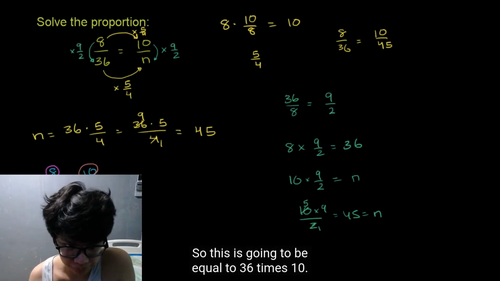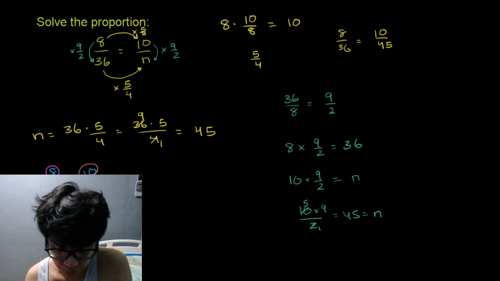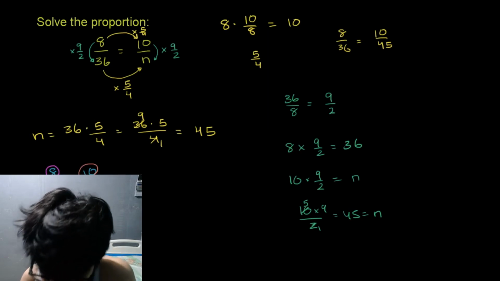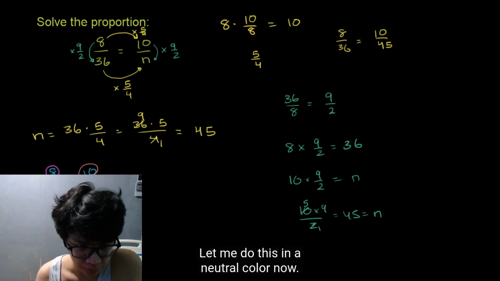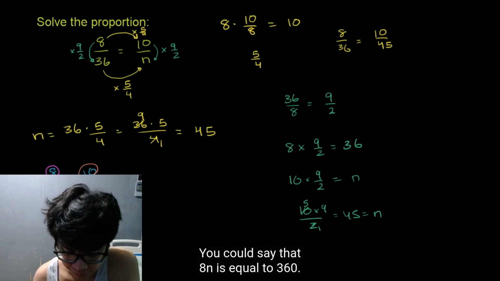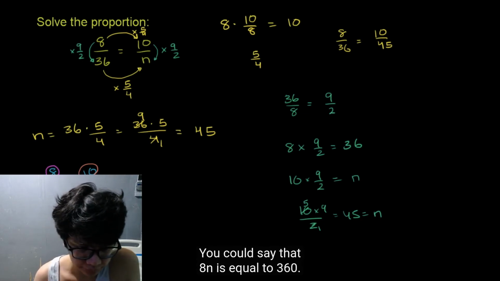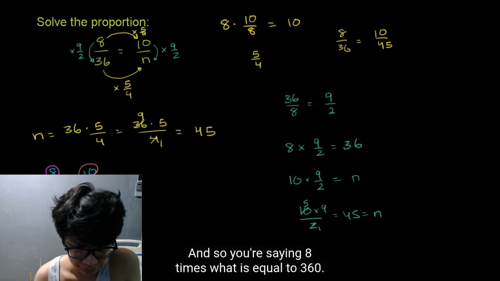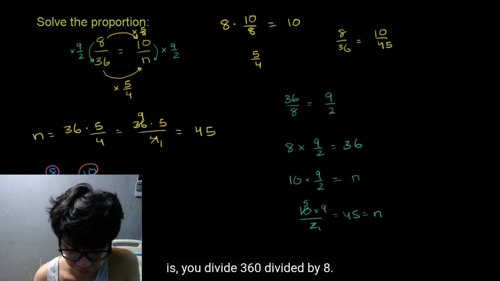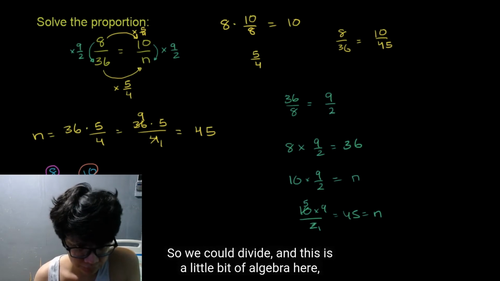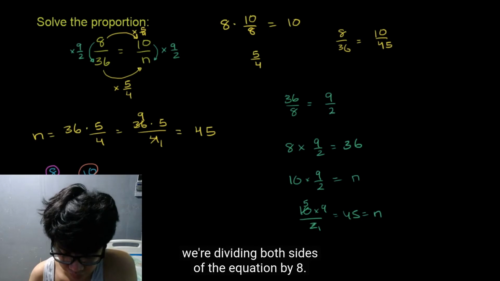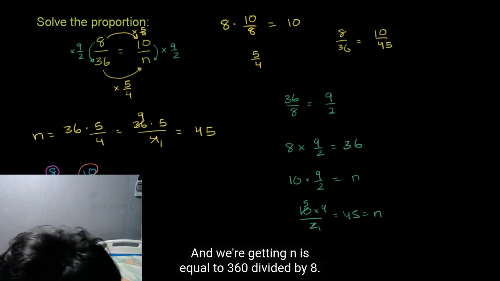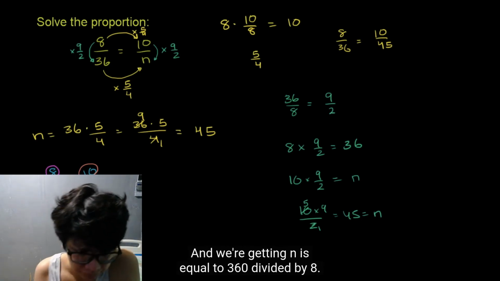You can say that 8n is equal to 360. And so you're saying 8 times what is equal to 360? To figure that out, you divide 360 by 8. This is a little bit of algebra here: we're dividing both sides of the equation by 8, and we're getting n is equal to 360 divided by 8.